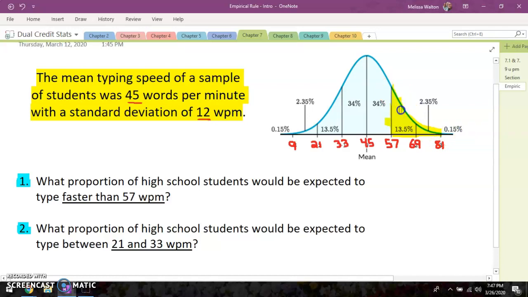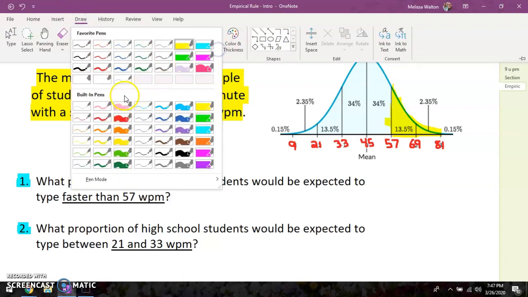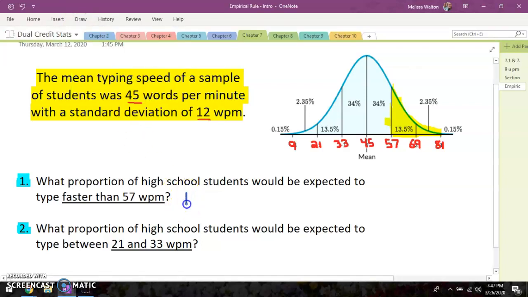So looking at your overall percentages, if you add those together, 13.5, 2.35, and then finally 0.15, you end up with 16%. So your answer for the first one should have been 16%. You can write that as a percentage or as a decimal.